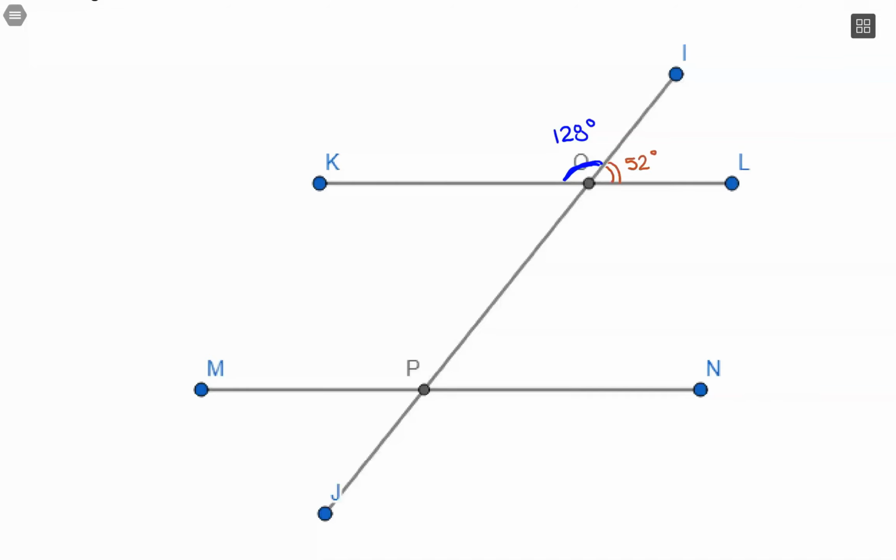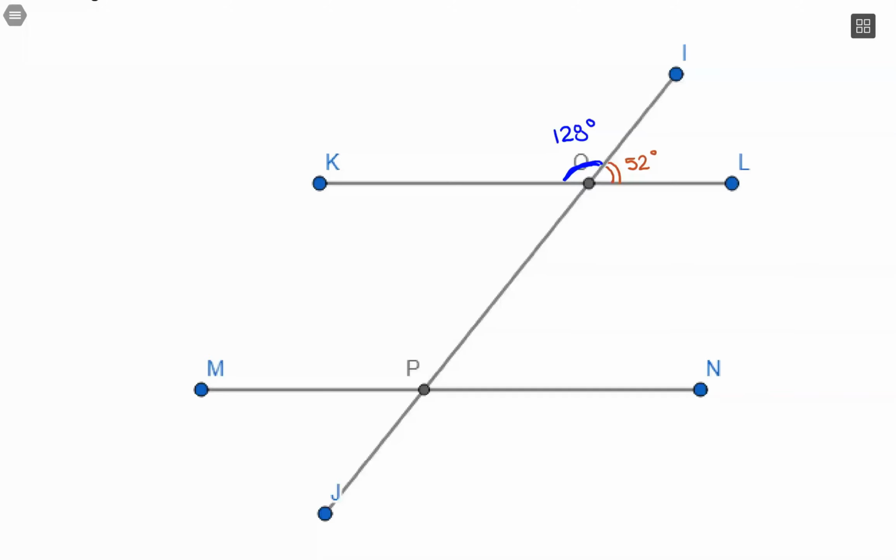Now, if you do this by hand, you might have a slight difference. That's a theme among measurement with protractors and rulers. When you're trying to get specific with measurements, we might all get slightly different answers just based on human error, but it should be close to those two numbers.